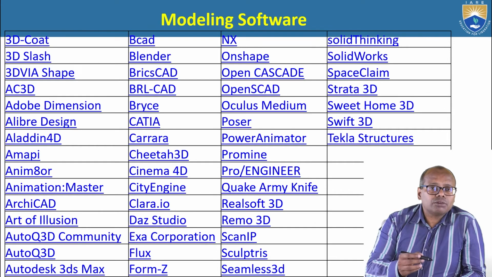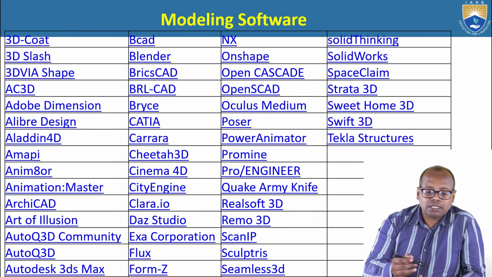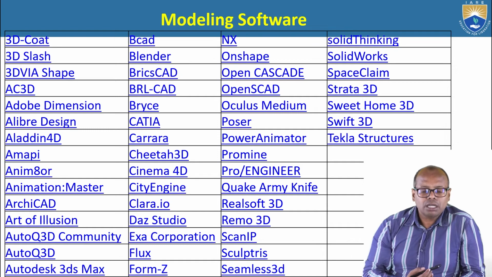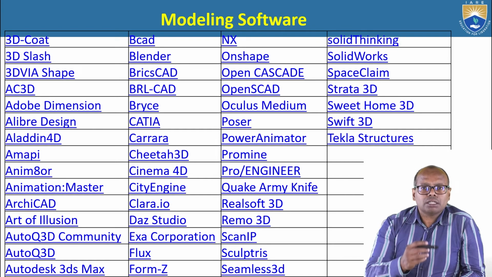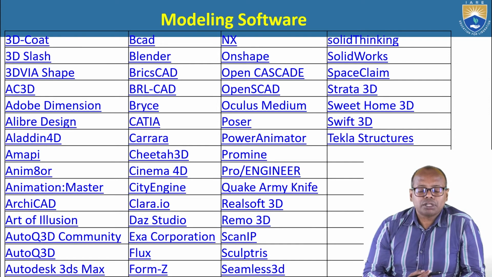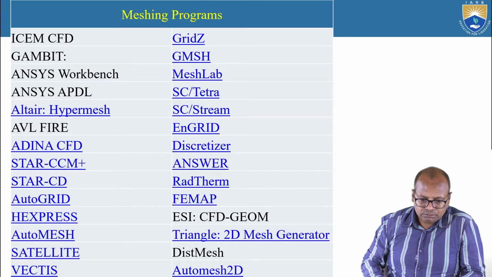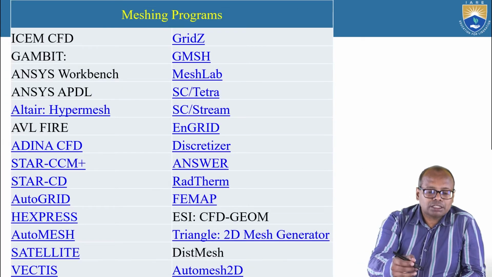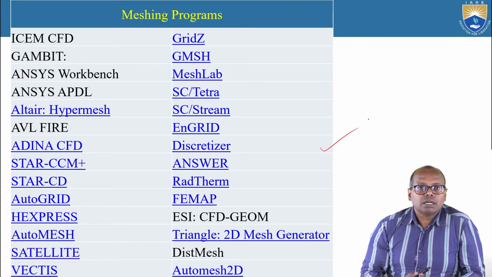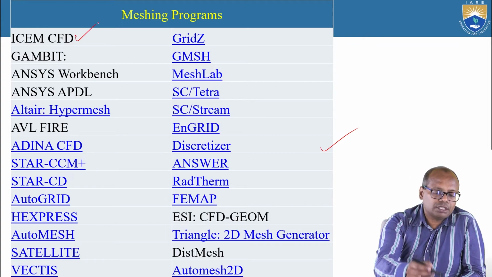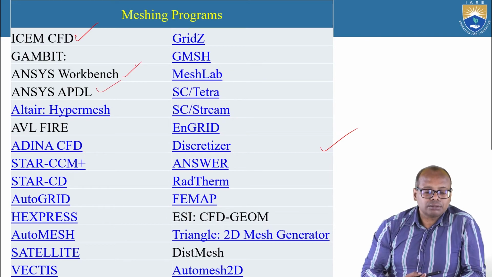Now if you see the modeling softwares, these are some modeling softwares that are available. There are many others, but these are some that I have listed here. And these are some meshing softwares that are listed. ICEM CFD is used in ANSYS, and ANSYS Workbench is also there, and ANSYS APDL is also there.